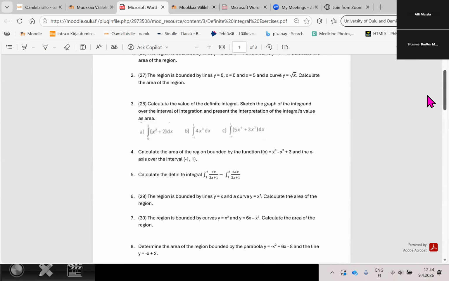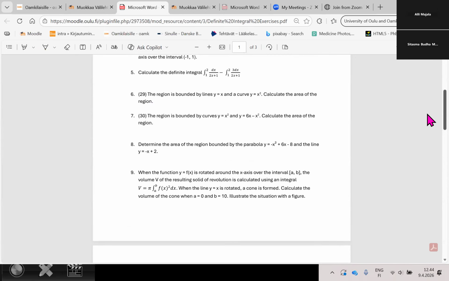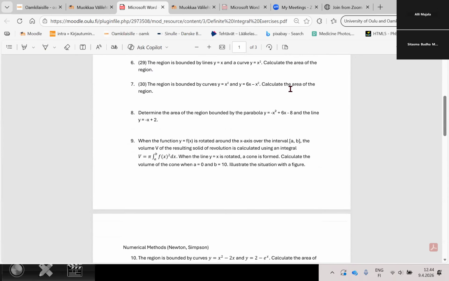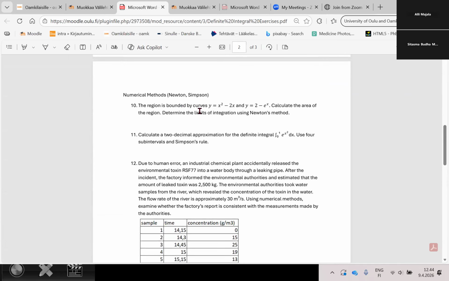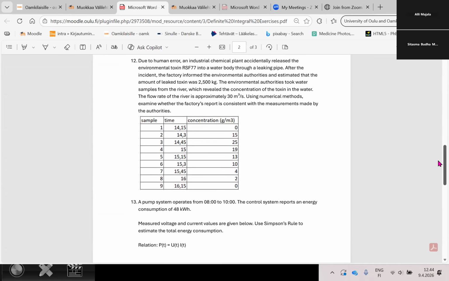But we had been calculating until here, maybe the 7, then we still could continue to determine the area of the region bounded by these two, then the 9, and then we go to the numerical methods, which is the Newton method that we already know, and then the Simpson. And then there are a couple of Simpson exercises, 3, where you can just use the formula.